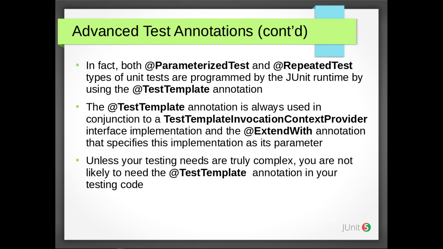The @TestTemplate annotation is always used in conjunction with the TestTemplateInvocationContextProvider interface implementation, and the @ExtendWith annotation that specifies this implementation as its parameter. Unless your testing needs are truly complex, you are not likely to need the @TestTemplate annotation in your testing code. However, it is on the lab and it is on the quiz.